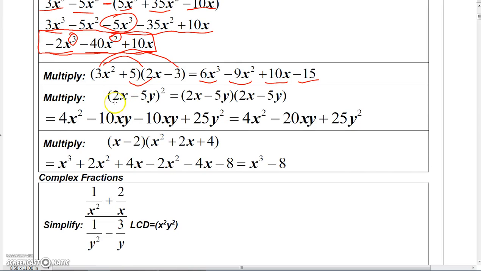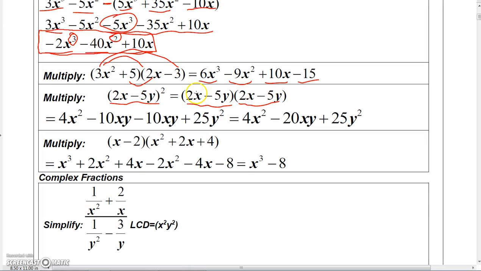Now, if you want to square a binomial, like 2x minus 5y quantity squared, there's a formula for squaring a binomial, but let's just save that for later. You can actually write it like this: 2x minus 5y times 2x minus 5y. And then you can do the FOIL method.